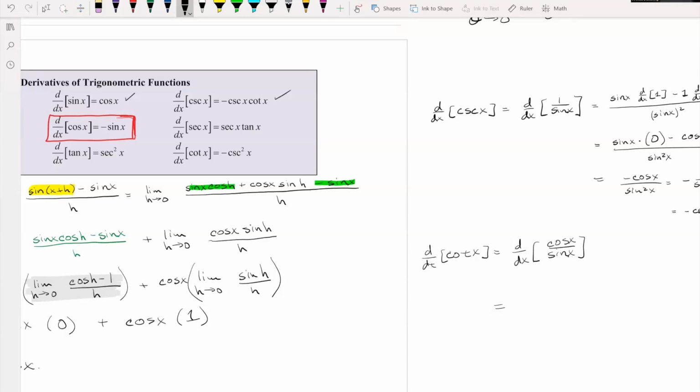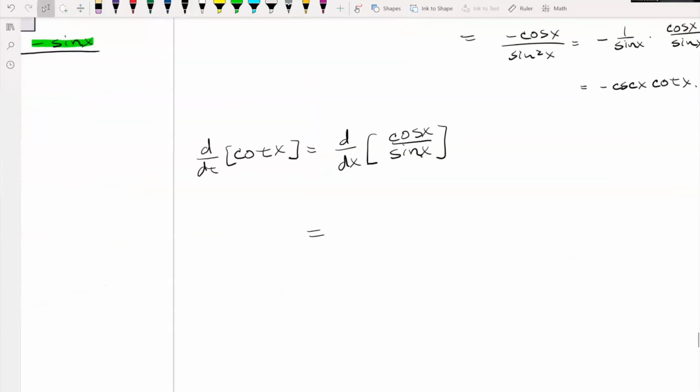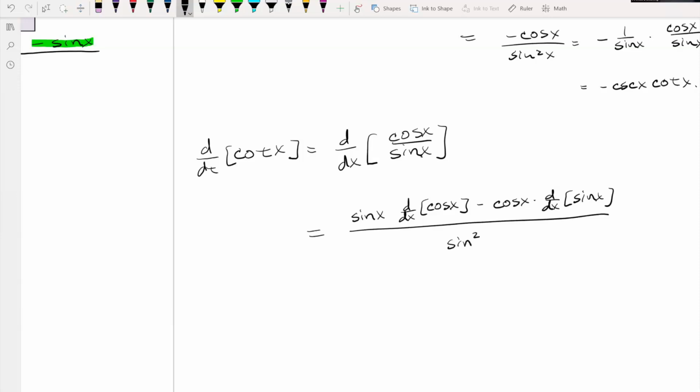So when we apply the quotient rule, we're going to have the bottom times the derivative of the top minus the top times the derivative of the bottom all over the bottom squared, which the derivative of cosine is negative sine, and the derivative of sine is cosine.